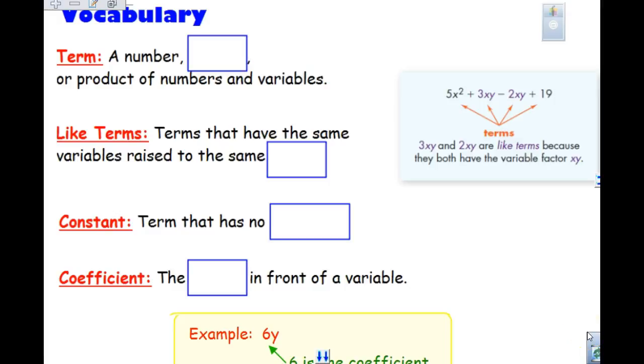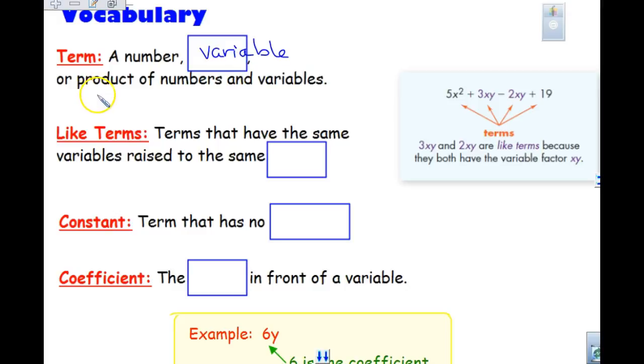So, what is that? Keep going in your notes, please. We are looking at that part down below. It says a term can be a number, a variable, please write that in, or the product of a number and a variable.